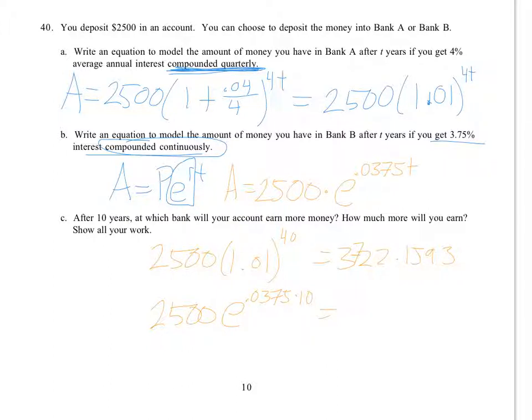And for my other one, 2,500 times e to the power of 0.0375 times 10, we get 3637.4785. This is obviously the better deal, and you've got about $90 more for our effort there.